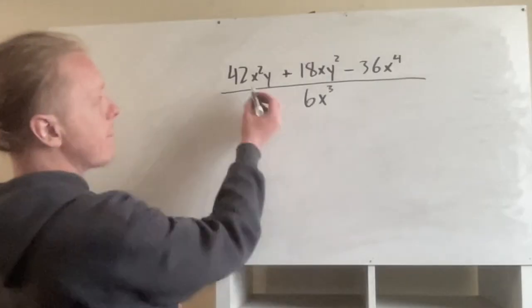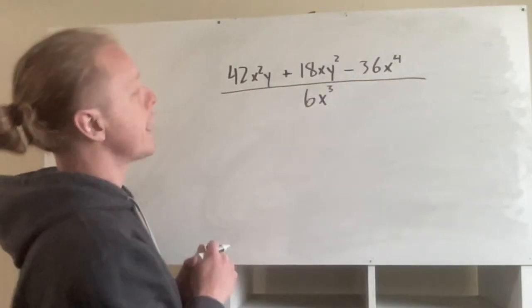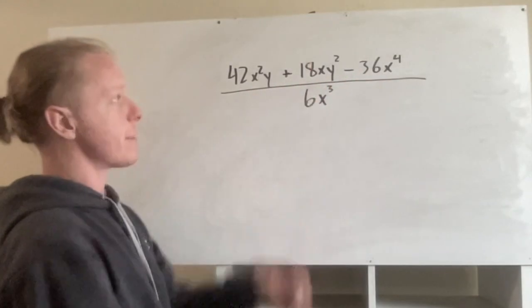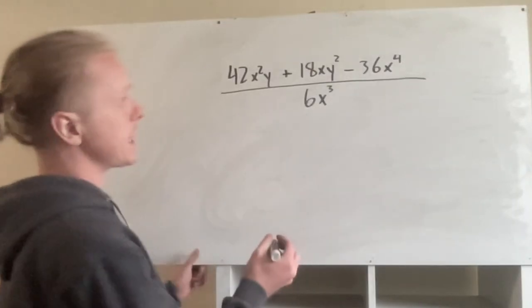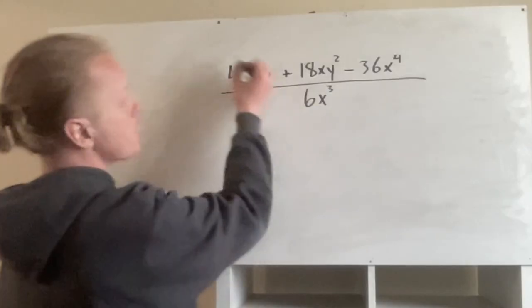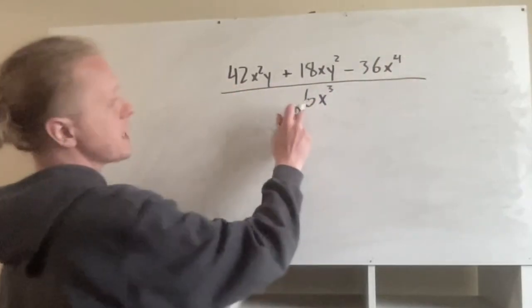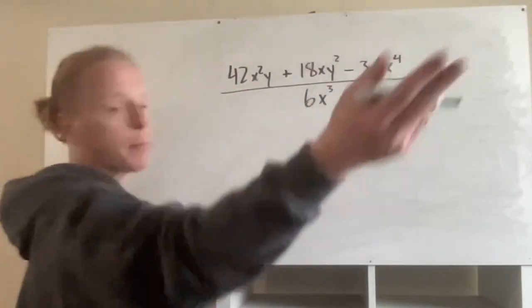So here we have a trinomial, okay, being divided by 6x to the third. And one option that we have if we're trying to simplify something like this is because this whole thing is getting divided by 6x to the third, I can actually break it apart.